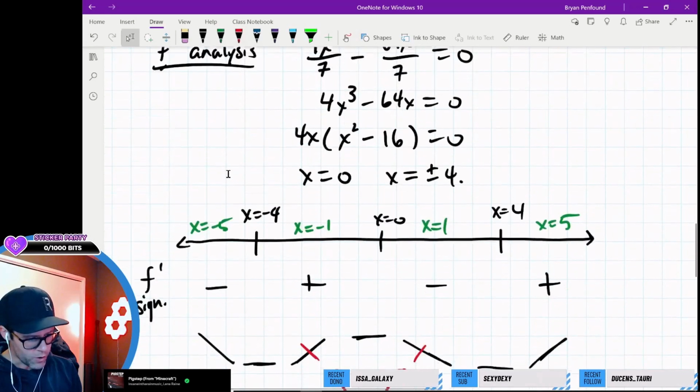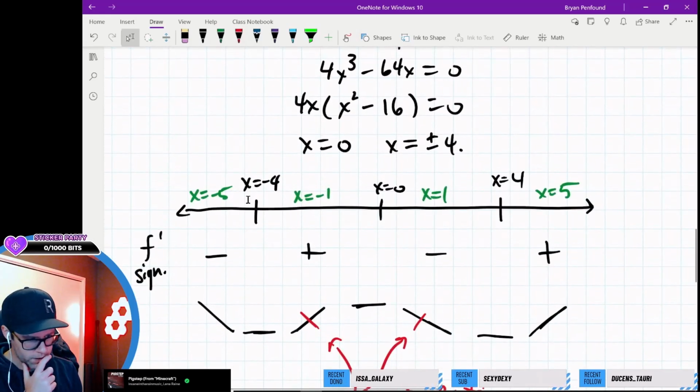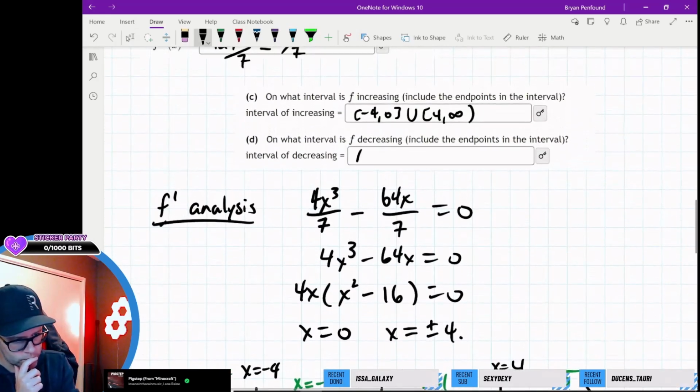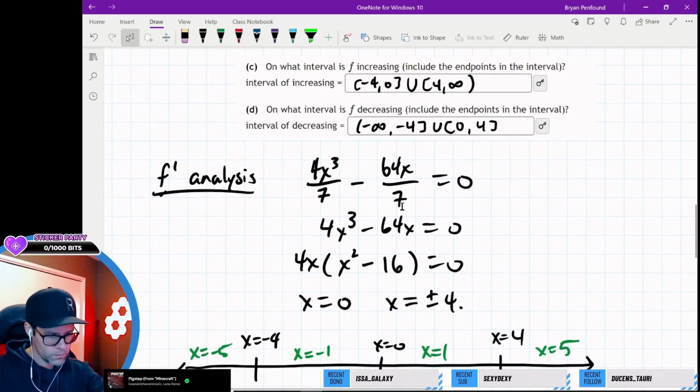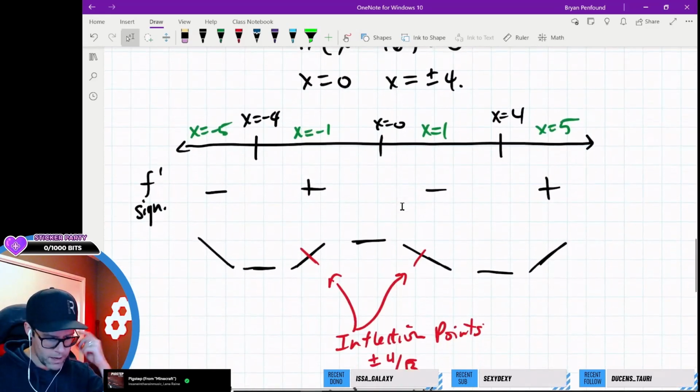And we are decreasing from -infinity to -4, and then 0 to 4. Okay, I think I'm happy with that. That makes sense.